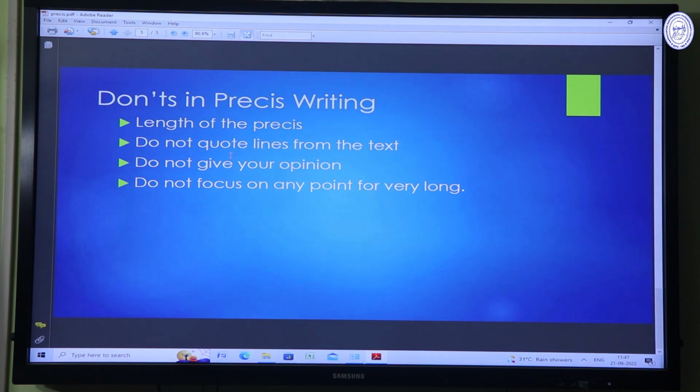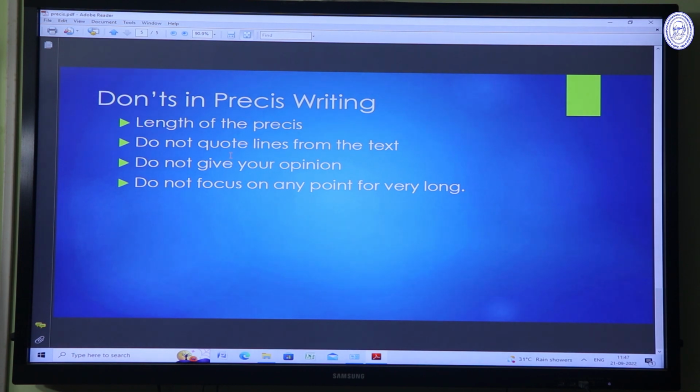That is very poor writing. Your credential as a writer of a Precis depends solely on how smartly and efficiently you do the editing and write the Precis. So, the length of the Precis is of much importance.